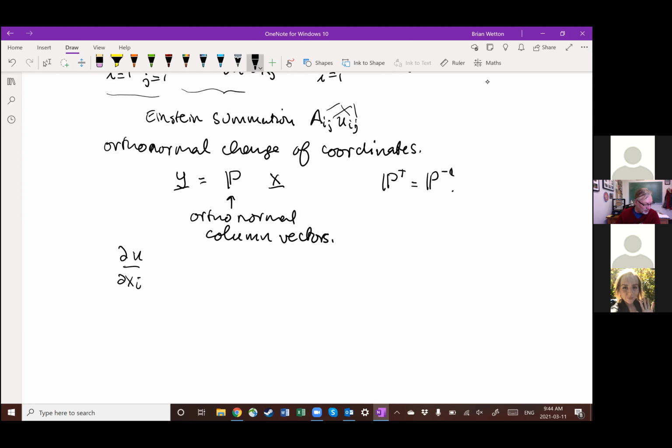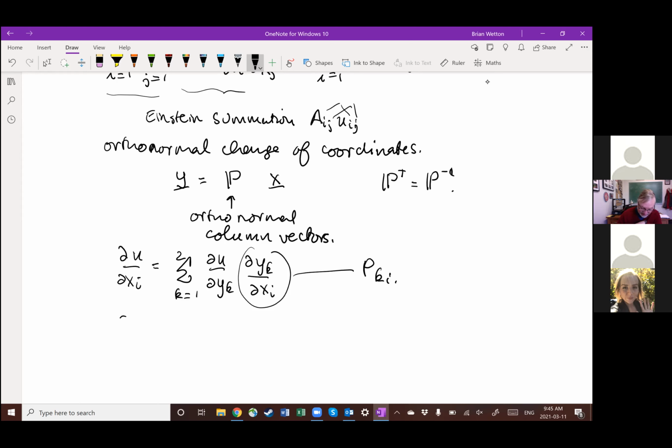If I want to change it to y derivatives, then I have a sum. I've got to take the y derivatives and multiply them by the chain rule thing, right? And this thing here, this is the matrix entry PKI.